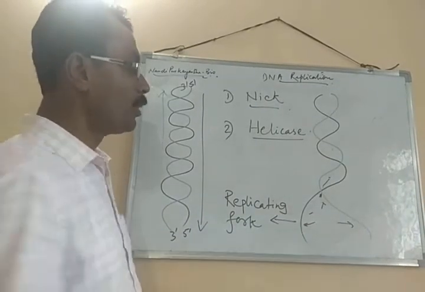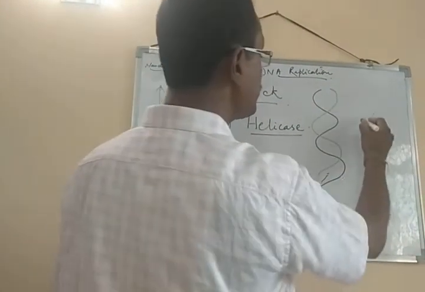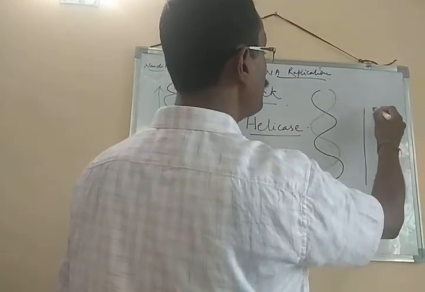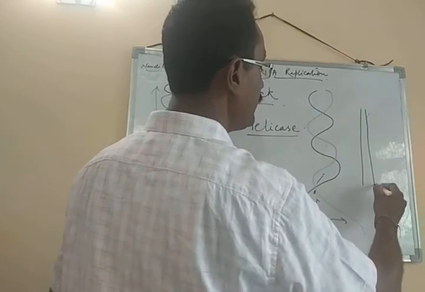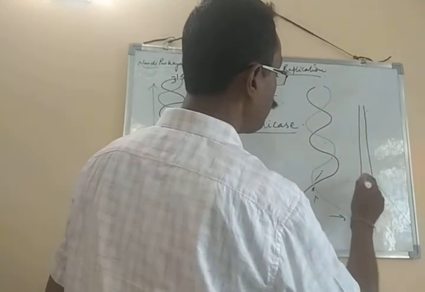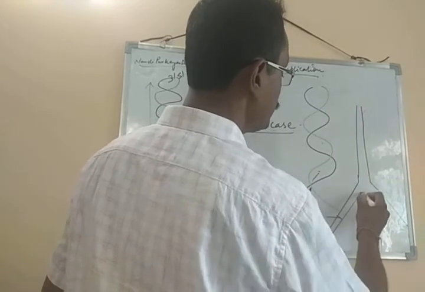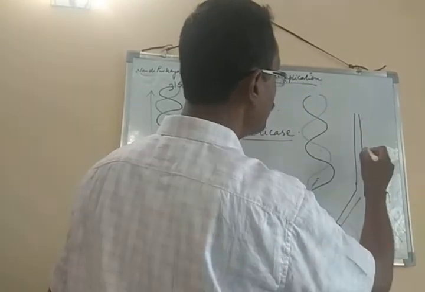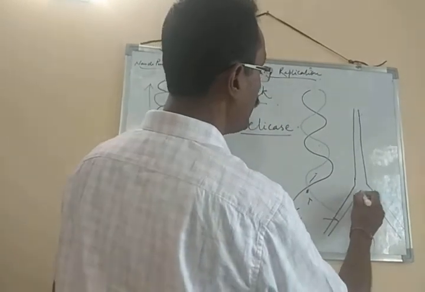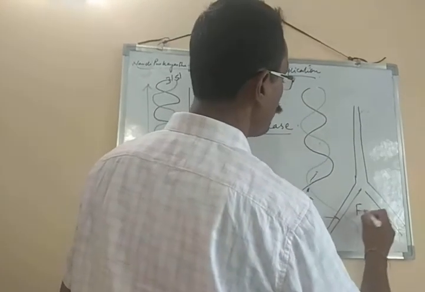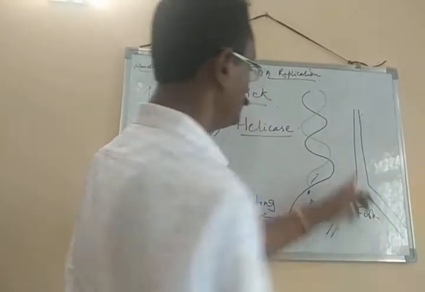Understood the thing? Why is it replicating? Because this is the strand of DNA and this is another strand of DNA, and it has given a fork-like, Y-shaped structure. Understood? This is the structure we are finding. So it is called a replicating fork, F-O-R-K, fork.